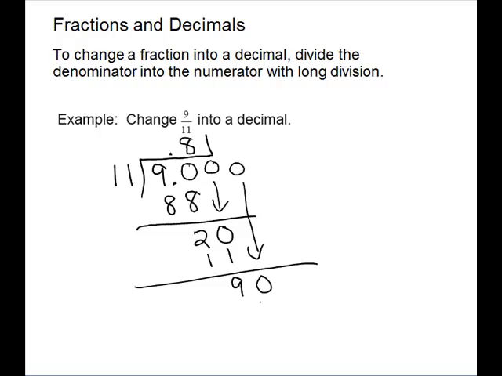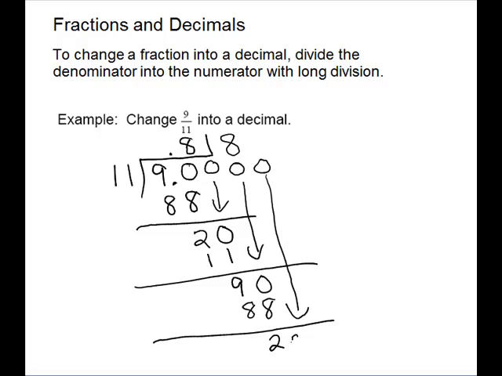11 into 90. We'll go 8 times. Multiply back, 8 times 11 is 88. Subtract 2, add a 0, bring down. And 11 into 20. We'll go 1 time.